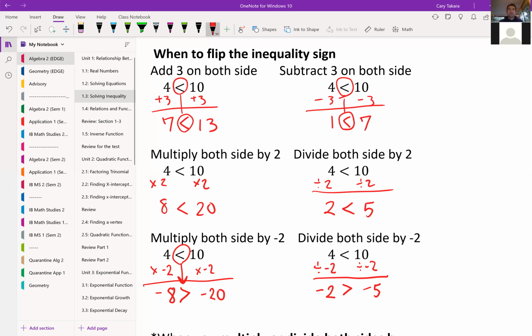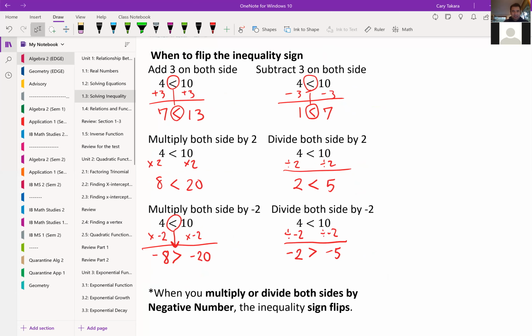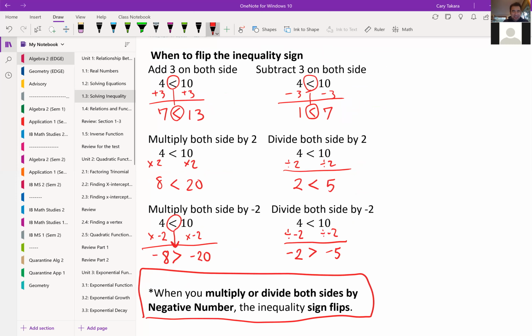So the alligator mouth has to flip. Just to summarize, the point I wanted to make out of all this explanation is that I want you to remember that when you multiply or divide both sides of an inequality by a negative number, you have to flip the sign.